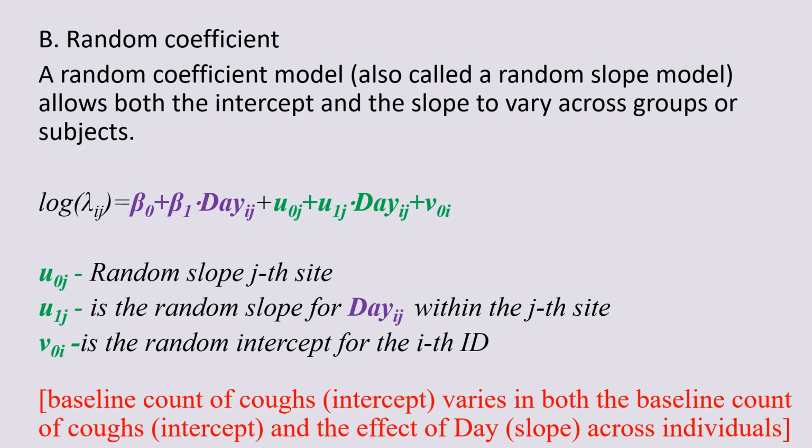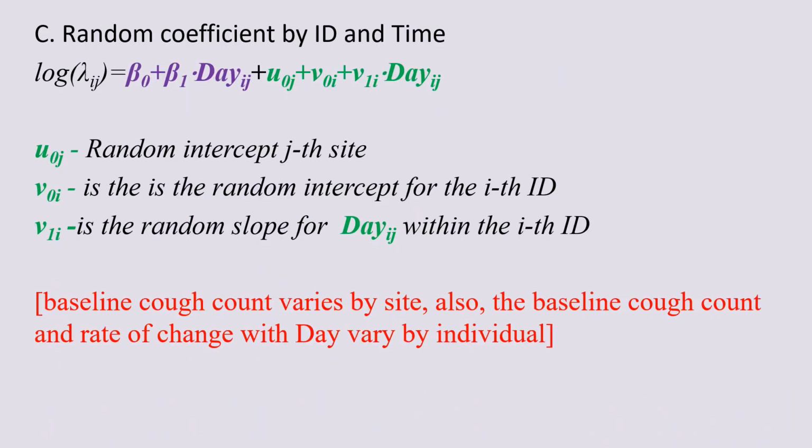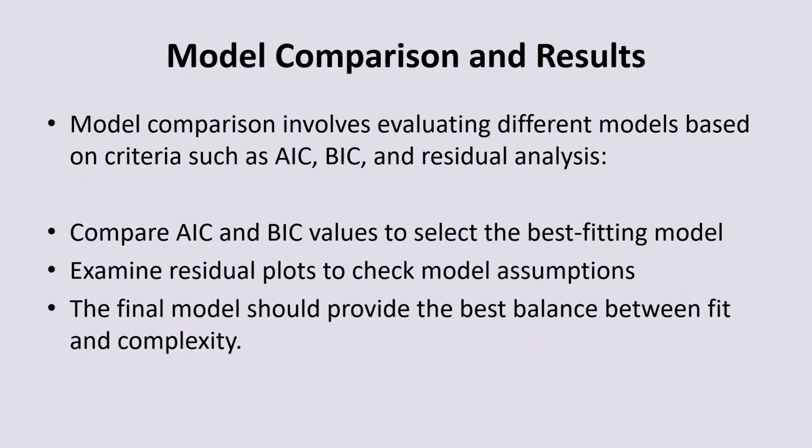This one assumes that everyone will have the same cough frequency for a particular day. So this one assumes that everyone will have a different cough frequency on a different day, and it also varies by an individual. Yes. So, model comparisons and results.